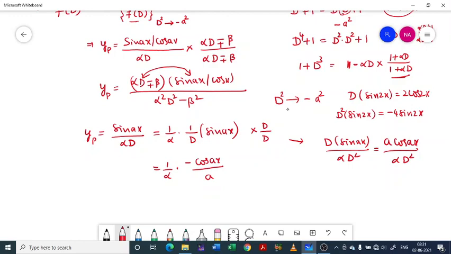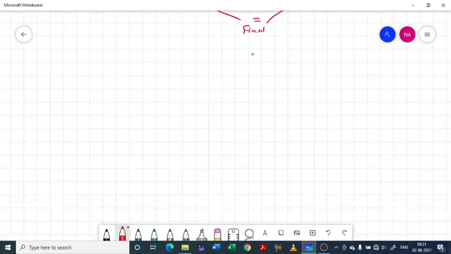That means 1 by d means you have to integrate it. And whether you follow this way or this way, you can check that the final answer you are going to get will be equal. Same answer we will get. So keeping this in mind, let us try to solve problems.